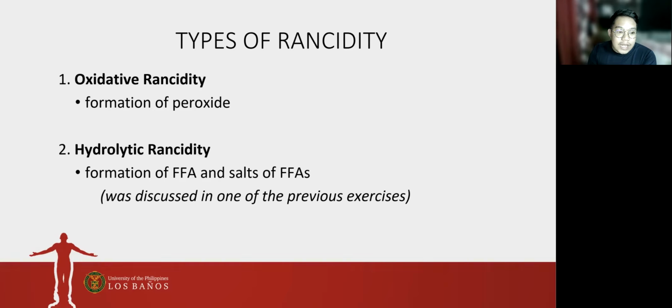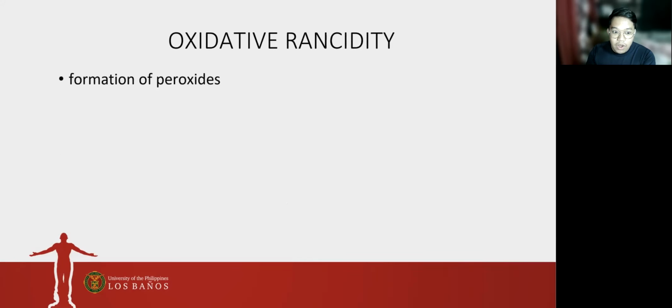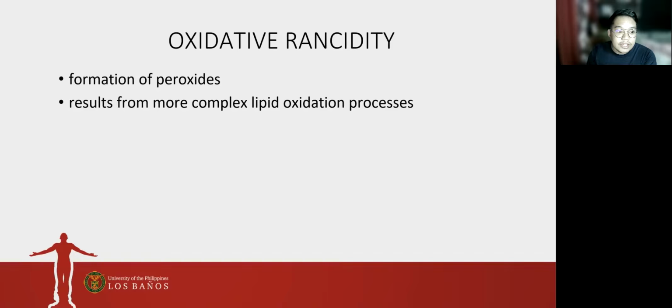So ang focus natin dito ay yung paano ba natin ma-measure yung oxidative rancidity that may have already happened in your oil. So dito nalalaman natin kung good quality pa ba yung oil or not. So oxidative rancidity is measured via formation of peroxides, and this is resulted from the more complex lipid oxidation processes.